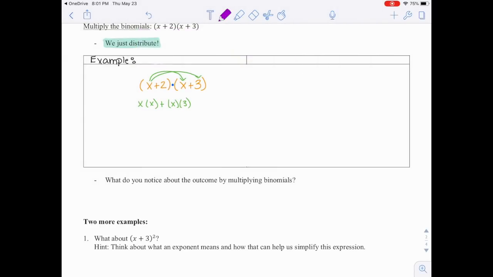And I also need to do my 2 times my x plus 2 times 3. A lot of people like to call this double distributing because you're distributing twice. You're distributing the x and you're distributing the 2.